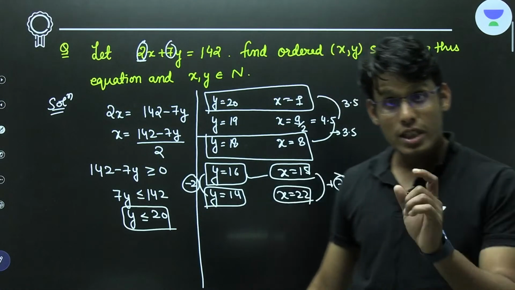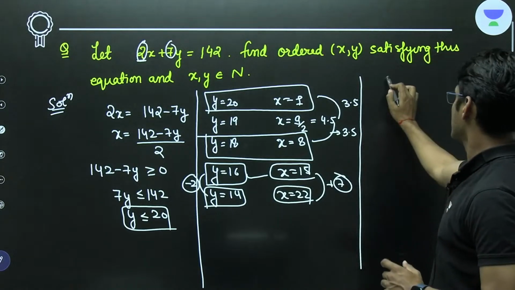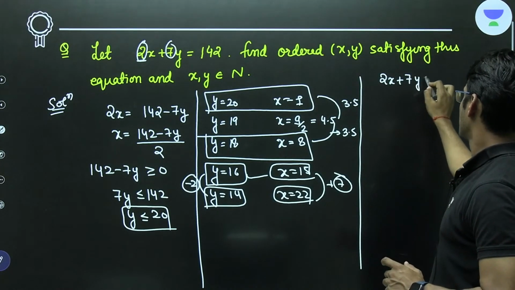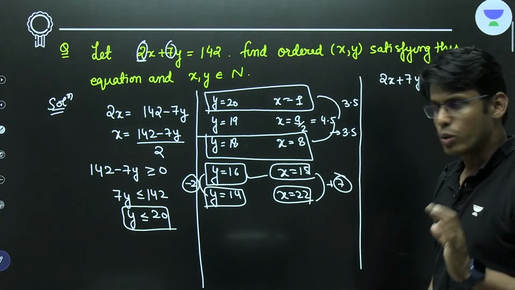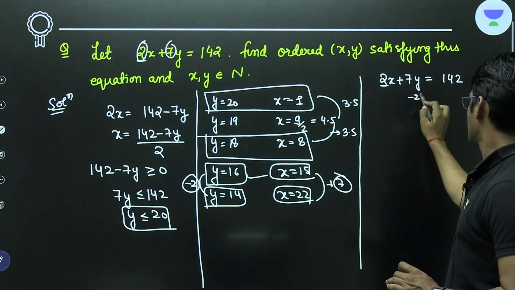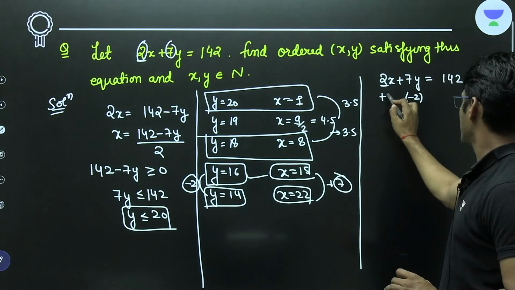Right? So this is the likely pattern. What is the pattern here? You have the equation here. Now, what you need to do? Write this coefficient here in subtraction. Write this coefficient here in addition.